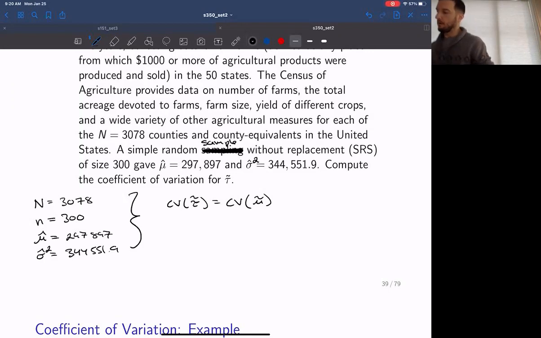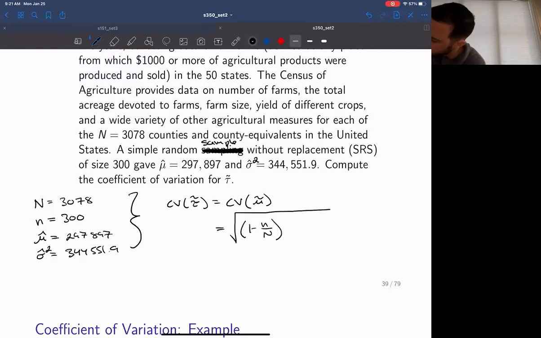So this is going to be equal to the square root of 1 minus little n over capital N multiplied by sigma hat squared over n, all divided by mu hat.